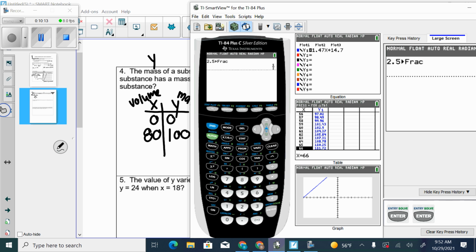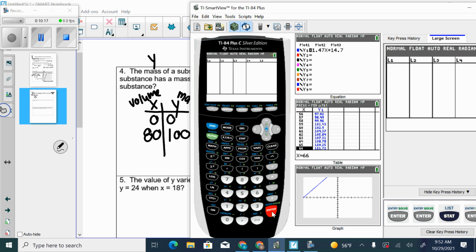So we would just go into our calculator and put these in our lists. So we clear out what's in there. In list 1, we have our x's, which are 0 and 80. And then in list 2, we put in 0 and 100.